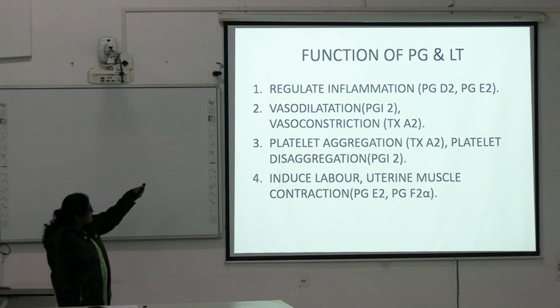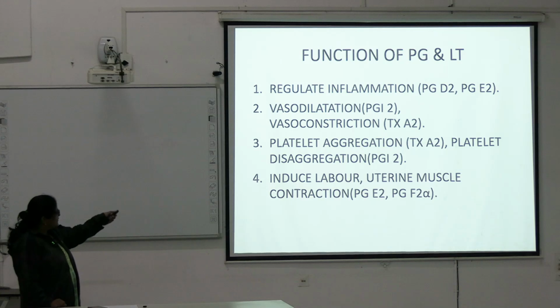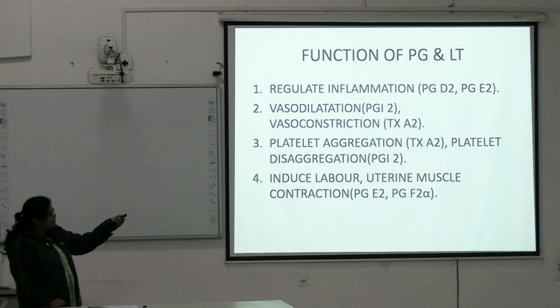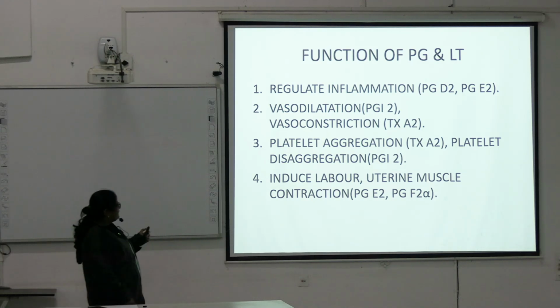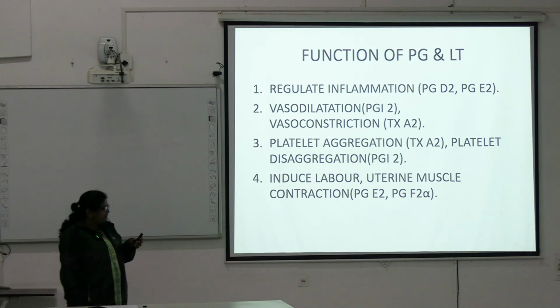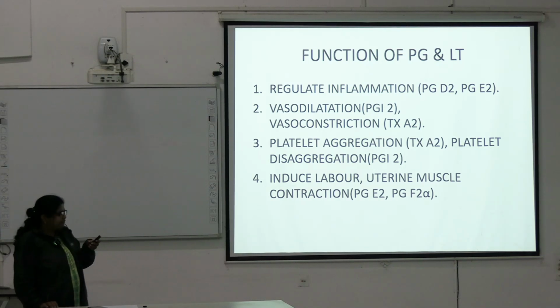The second and third points are just opposite, okay. First is vasodilation by prostacyclin, platelet aggregation by thromboxane A2, vasoconstriction by thromboxane A2, platelet disaggregation by prostacyclin PGI2, okay. Induction of labor or uterine muscle contraction by PGE2, PGF2 alpha.